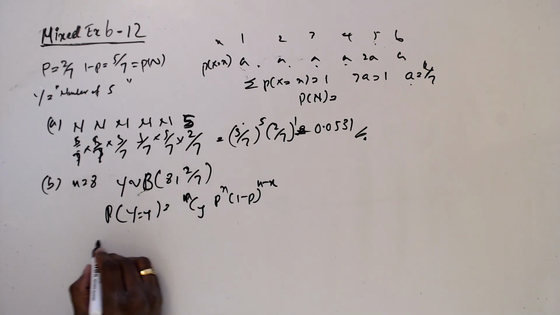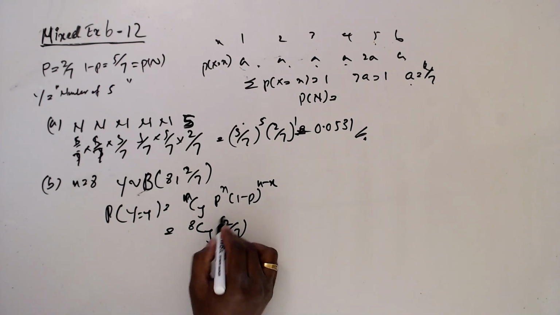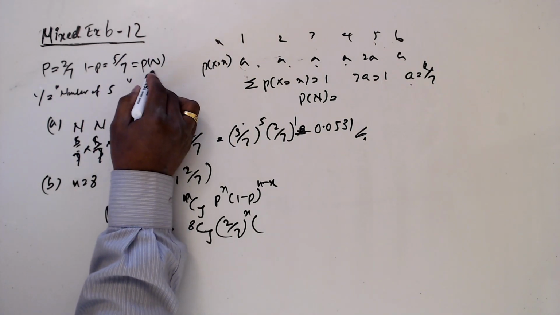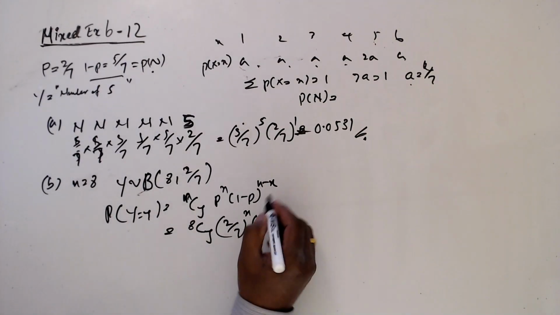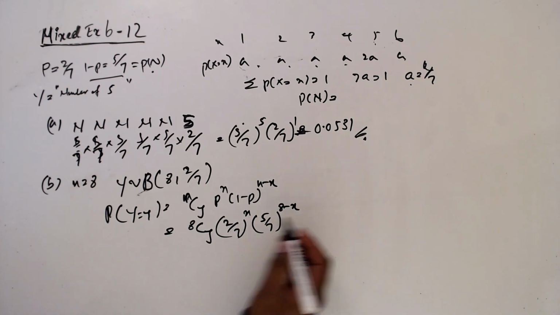So n equal 8 now. 8Cx, p is 2 over 7 to the x, and 1 minus p is 5 over 7 to the 8 minus x.